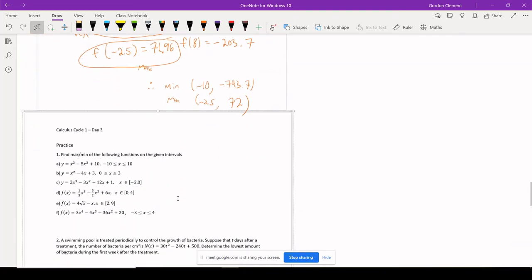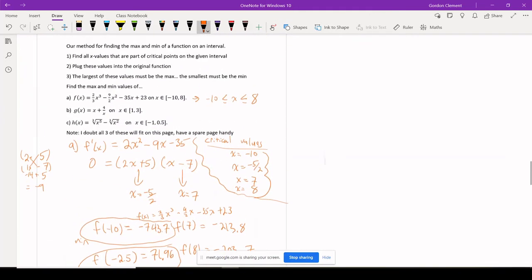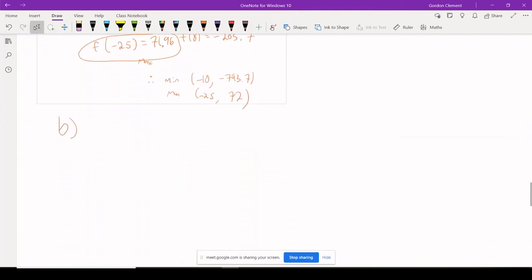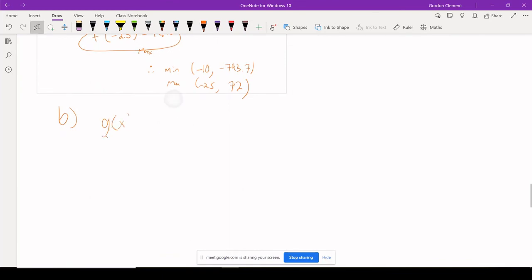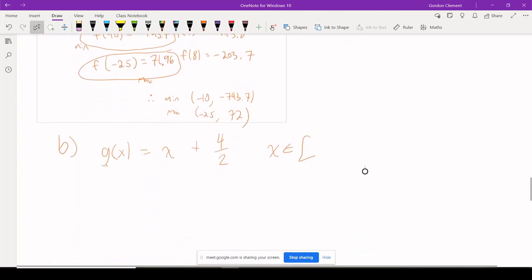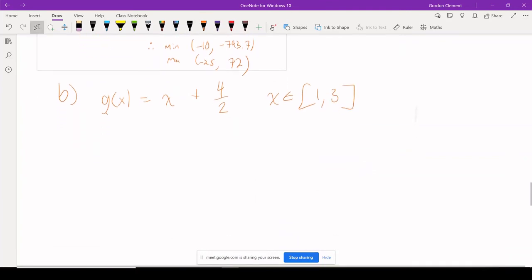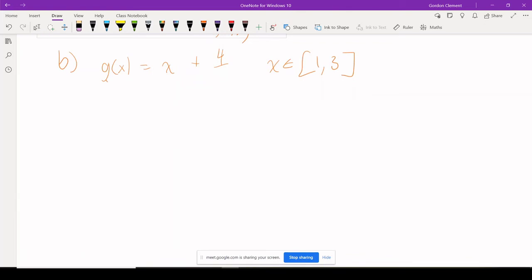Okay, so I got 2 more examples. So now we can try b, which is x plus 4 over x. And our interval is 1 to 3. 4 over x. 4 over 2 would be silly.